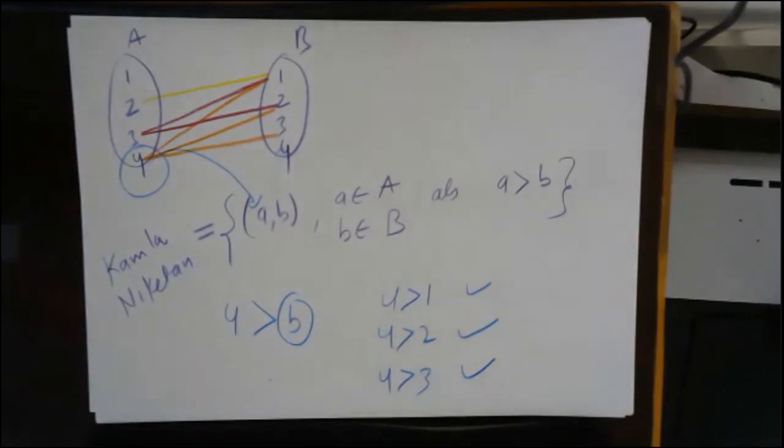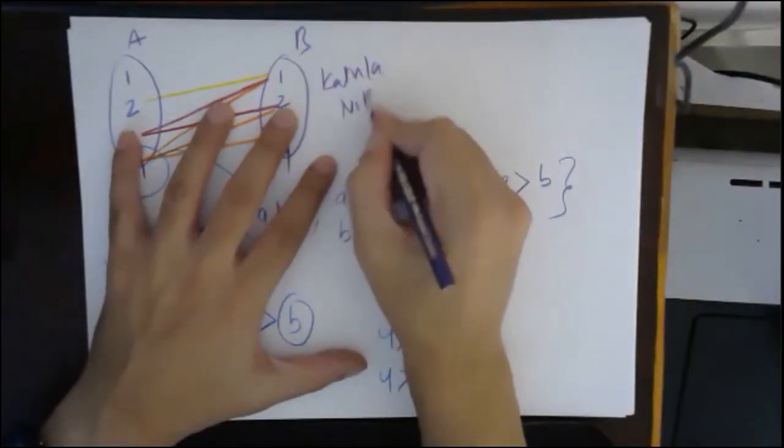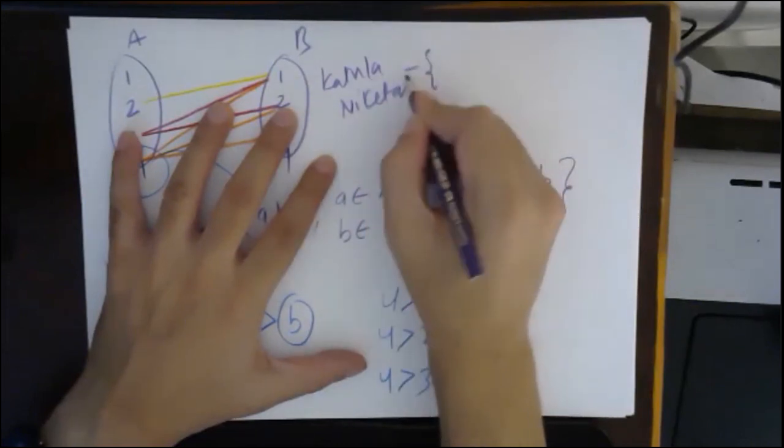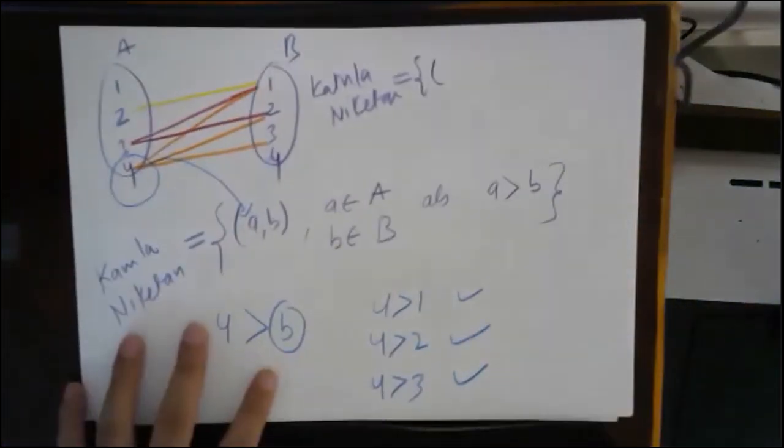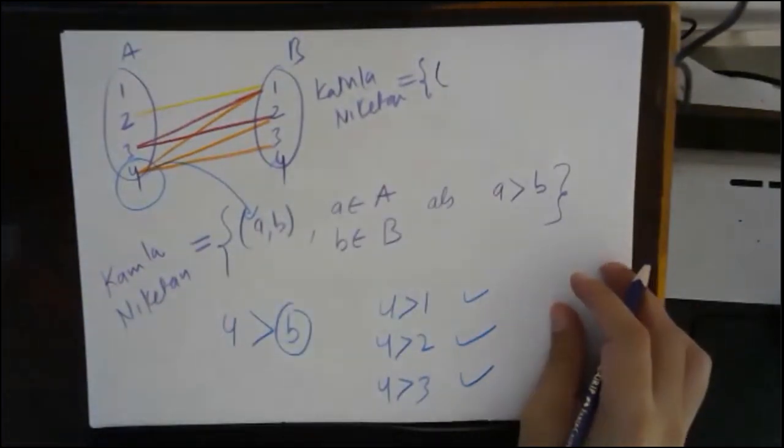Understood? Now see, if I'm talking about this Kamla Niketan set, write down its elements. The set contains all the ordered pairs.